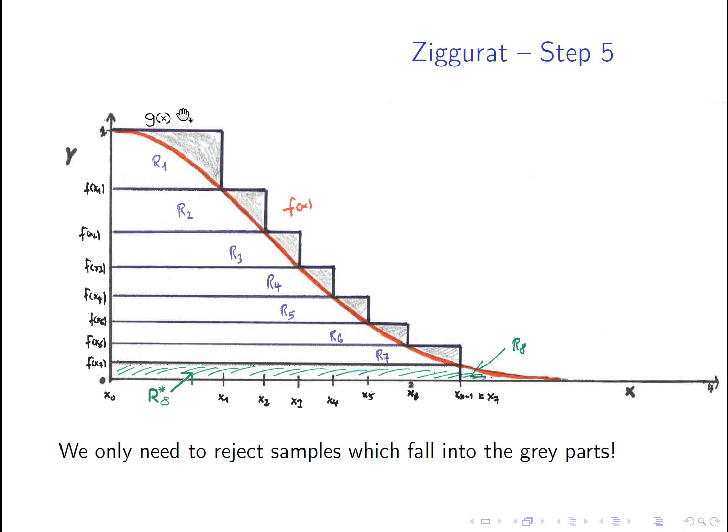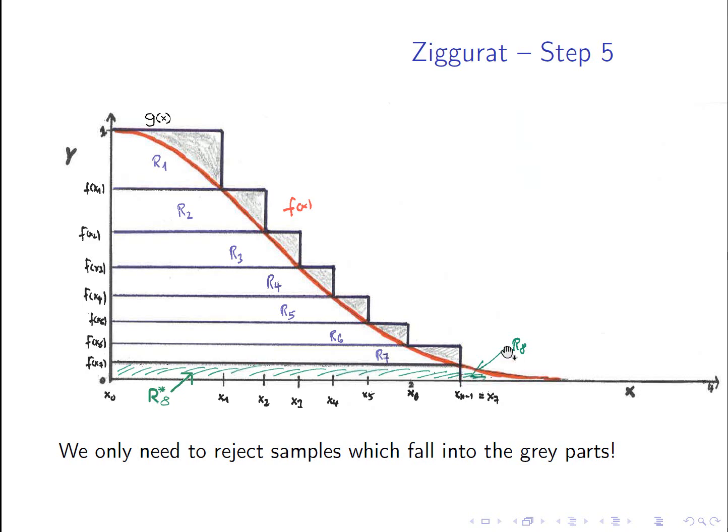So G is our proposal pseudo-density, and we wanted to generate a point under this proposal pseudo-density. And I explained to you, okay, in this case here we have 7 rectangles and the base strip. And what I explained was, we pick one of each with equal probability. And that's where the mistake comes into play, because we truncated the tail.